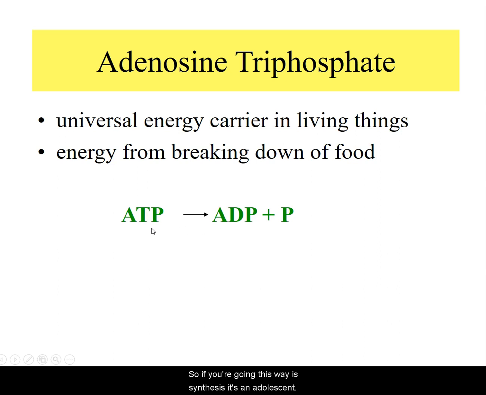So if you're going this way it's synthesis, it's anabolism, and it is endothermic. Endothermic is added energy, and it's just sitting there and waiting until we need it, that energy, to be released. And it goes this way: decomposition, exothermic, catabolism. And that's all for Chapter 2.